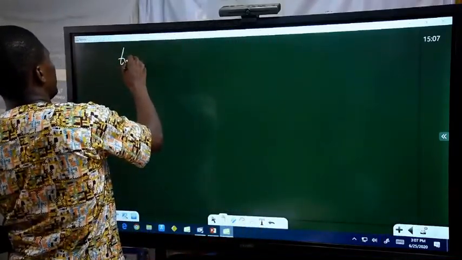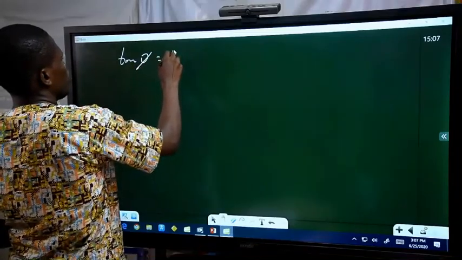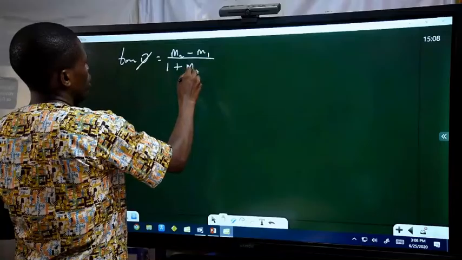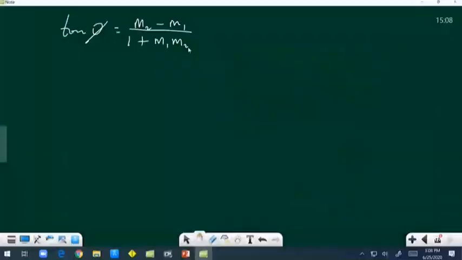We recall that tan phi is equal to m2 minus m1 all over 1 plus m1 m2. So let's see when it is defined. If the numerator is equated to 0, then we have m2 equal to m1.